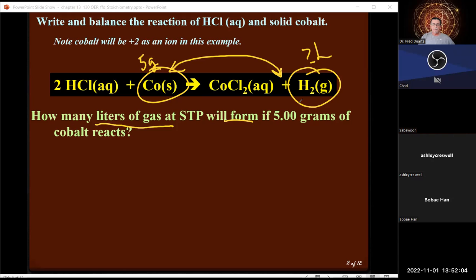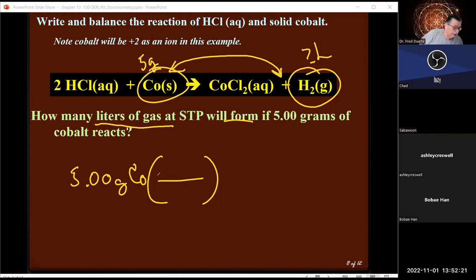All right. So what we do is we write down what we're given. We've got 5 grams of cobalt. We need to figure out its moles of cobalt, which is 58.93 grams in 1 mole.